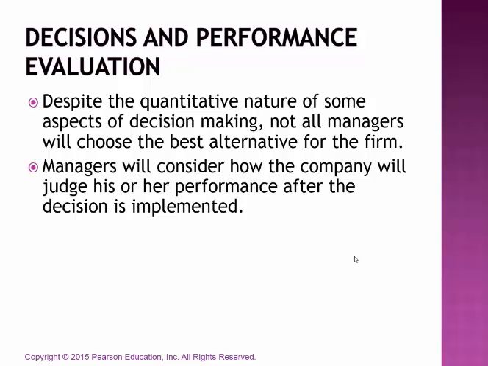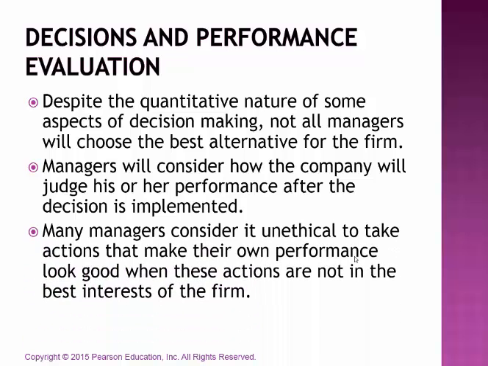So managers will consider how the company will judge his or her performance after the decision is implemented. And many managers consider it unethical to take actions that make their own performance look good when these actions are not in the best interest of the firm. These are the folks that we are glad we have around. These are the ones we need to keep an eye on.